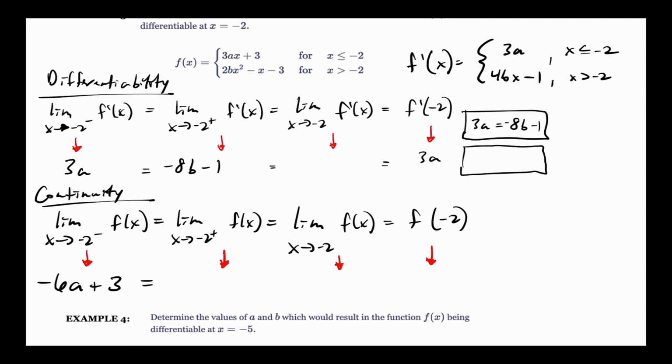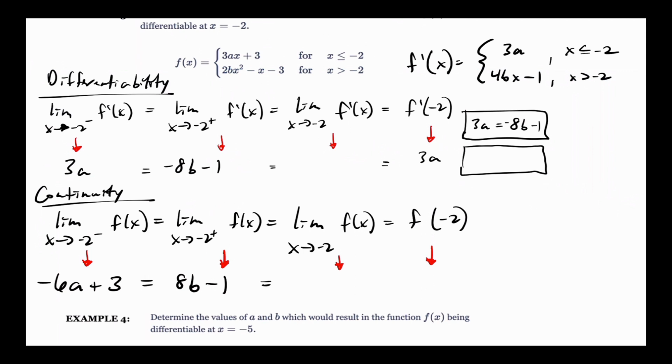Okay, that has to equal, plug in -2 to the bottom. So I get 8b plus, no, -1. So -2 squared is 4 times 2, 8b. And then I plug in -2, that's +2 minus 3. Yeah, the -1, that's right. Okay.